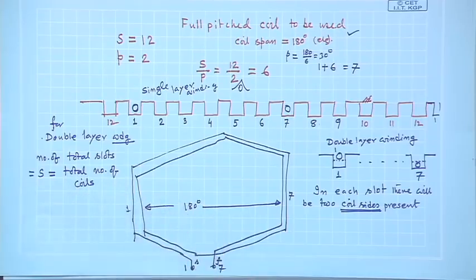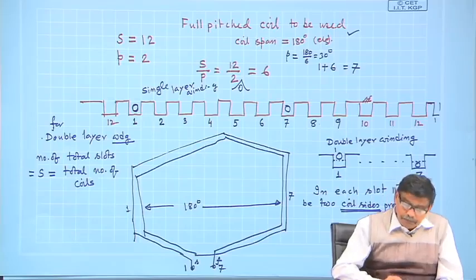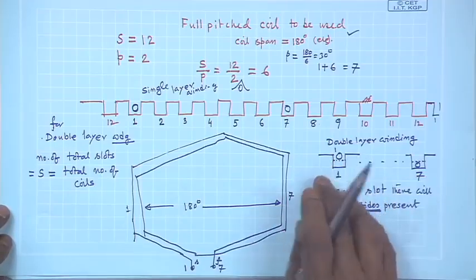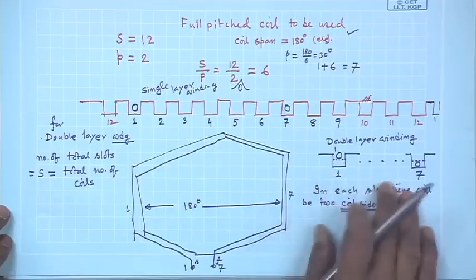Since each coil requires 2 coil sides, the number of coils that can be accommodated is S. If it is a single layer winding, the number of coils that can be accommodated is S by 2. So this will enhance our utilization of the windings.